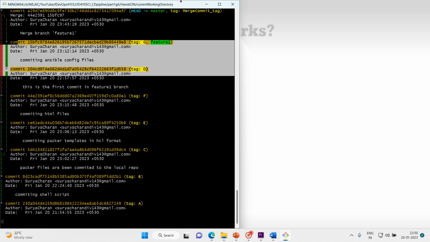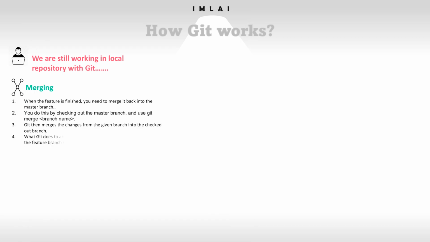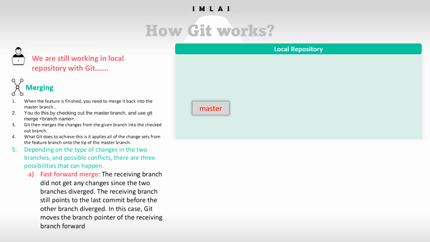Now, depending on the type of changes in the two branches and possible conflicts, there are three possibilities that can happen. Either it can be a fast forward merge, or a non-conflict merge, or a conflicting merge.